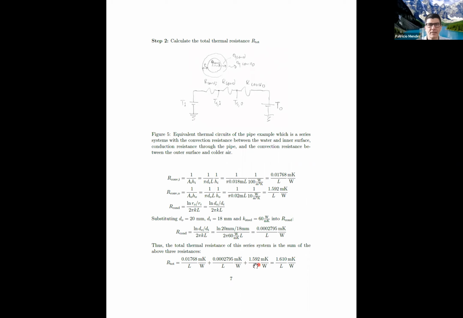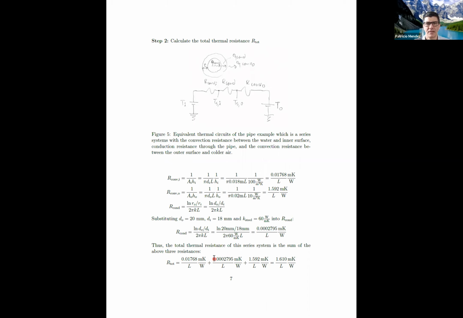This is the resistance of natural convection outside the pipe. This is dominant. Look, the total result, 1.6, is not all that different than this 1.59. So if somebody told you, okay, I don't care about the resistance of the pipe itself, you'd say, okay.